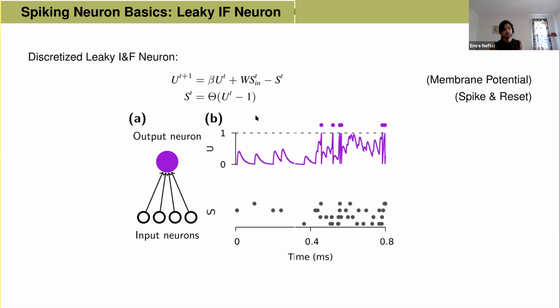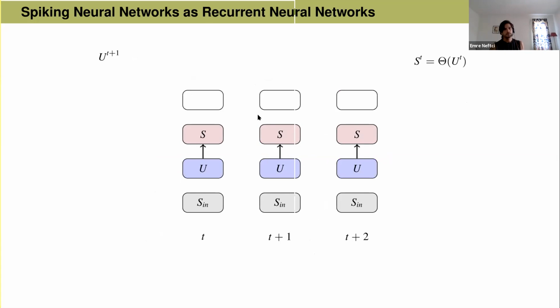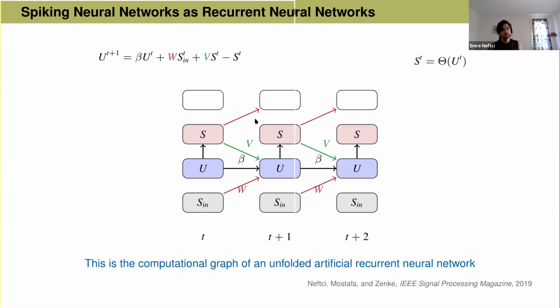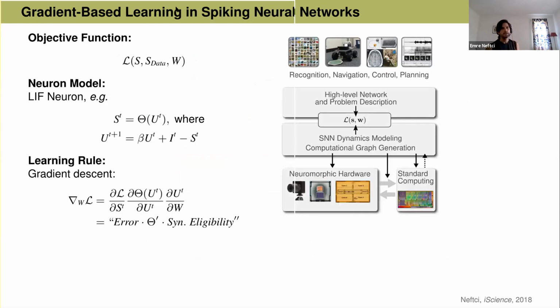So it's really starting with the description of the spiky neural network, describing this in a computational graph. And it turns out that computational graph has a lot of similarities with what people use in artificial recurrent neural networks. And so we can apply the same ideas, the same tools, and the same mathematical theory to derive a learning rule that is specifically tailored to that neural model and that objective function, or the loss function.